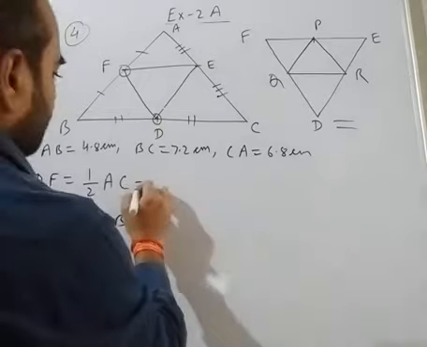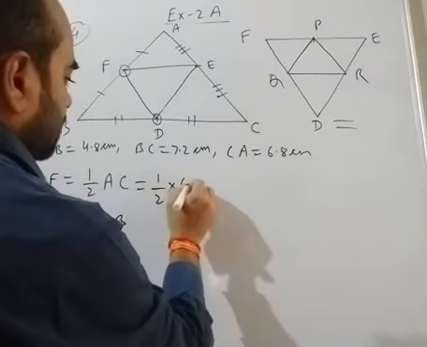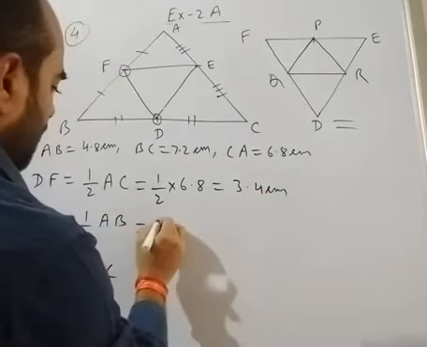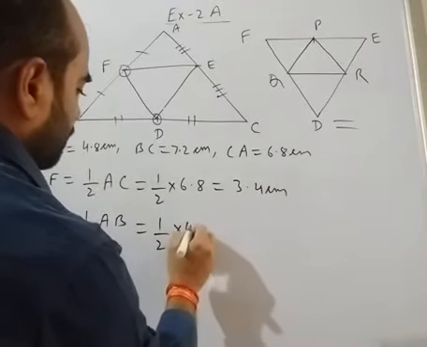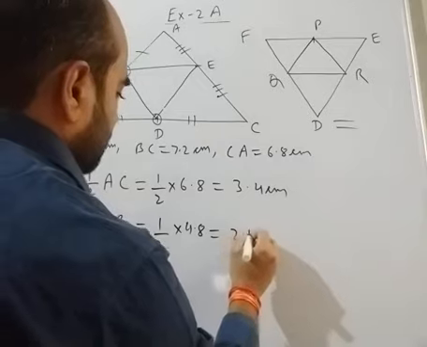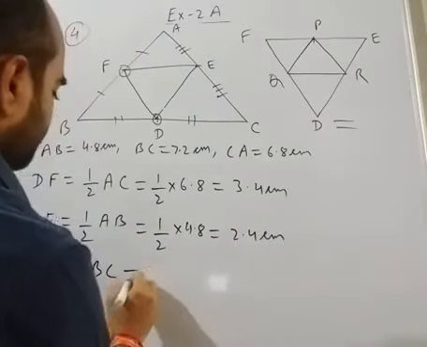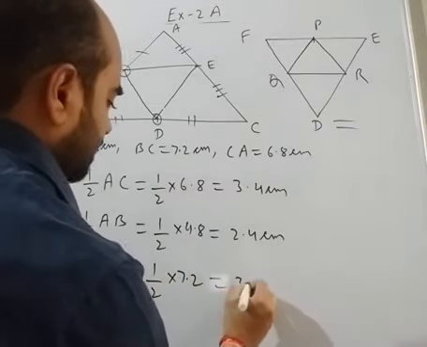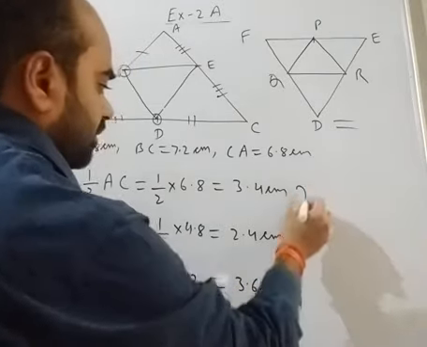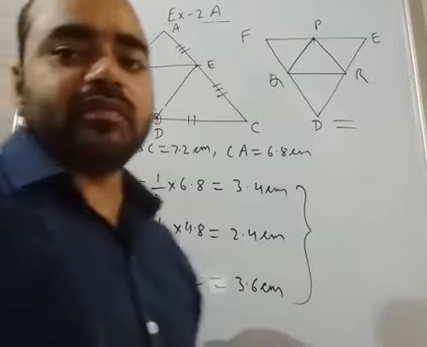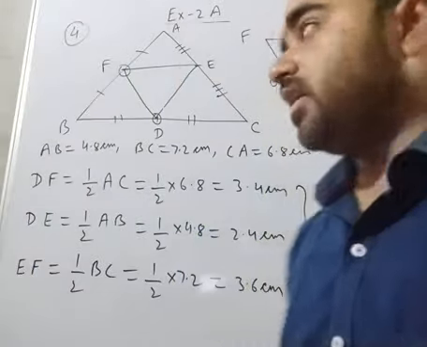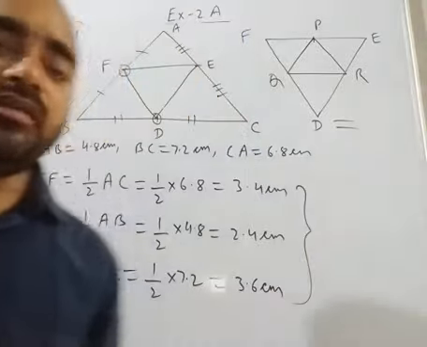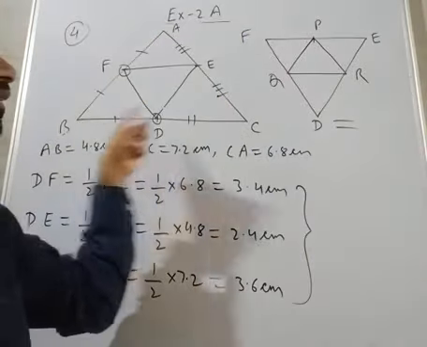Half AC, and AC is 6.8, that is 3.4. Half AB, AB is 4.8, that is 2.4. Half BC, BC is 7.2, that is 3.6 centimeter. Now what we have done, we have calculated the sides of the triangle DEF using the midpoint theorem in triangle ABC.